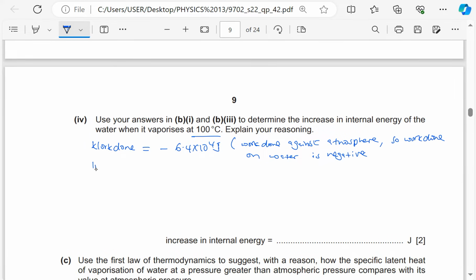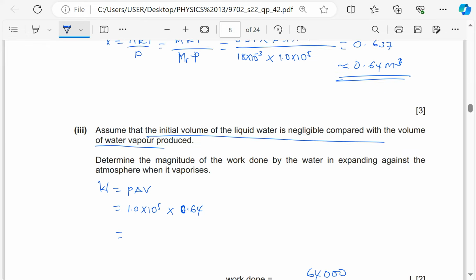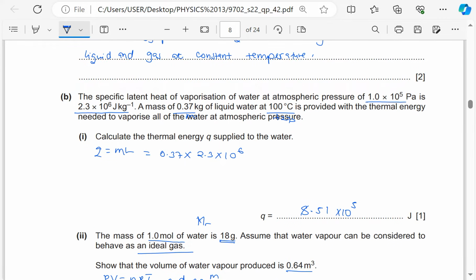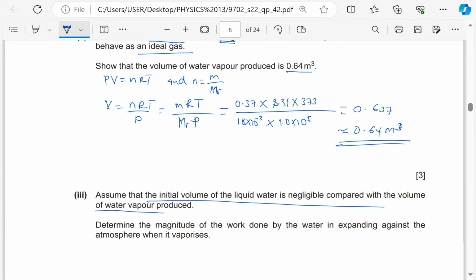Then the increase in internal energy is equal to, of course, Q plus W. So let's check Q. How much thermal energy is that? Q was 8.51 times 10 to the power 5, and this was supplied, so it is positive.